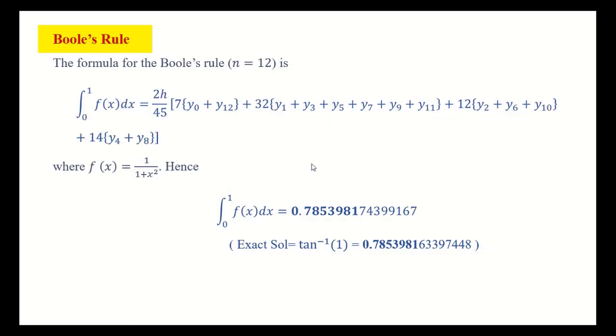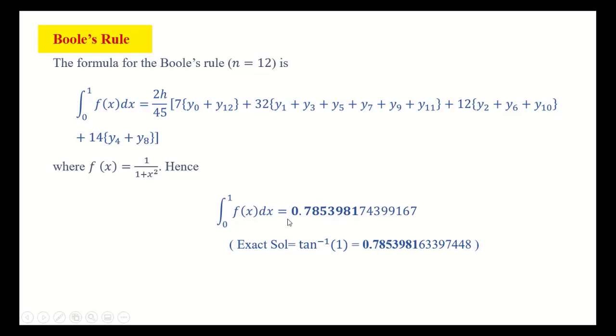So for the next rule we will have Boole's rule. Here we have n is equal to 12. We can use Boole's rule because 12 is a multiple of 4. So this is the formula for Boole's rule.